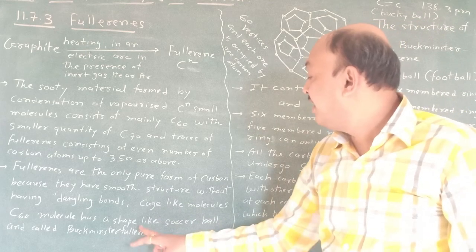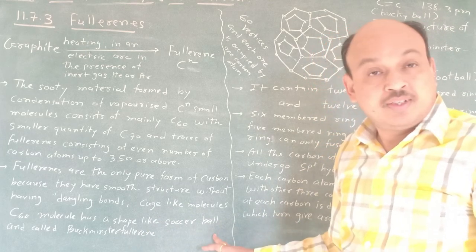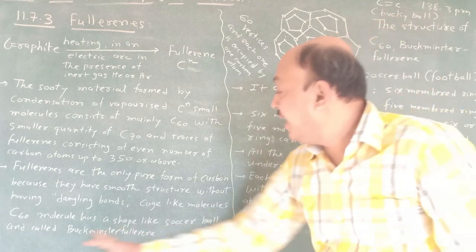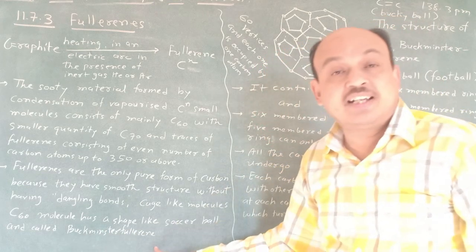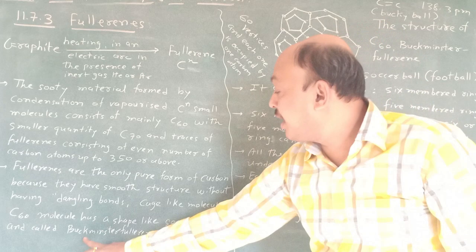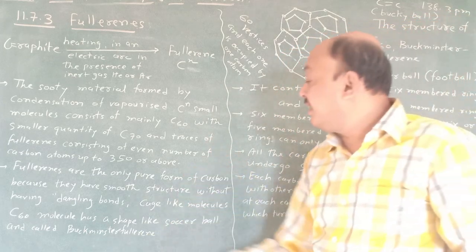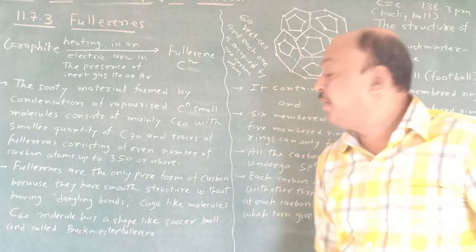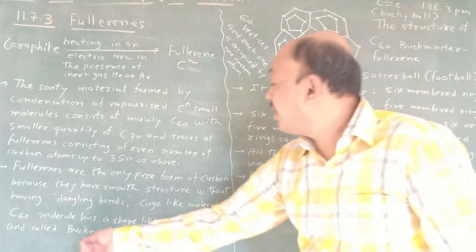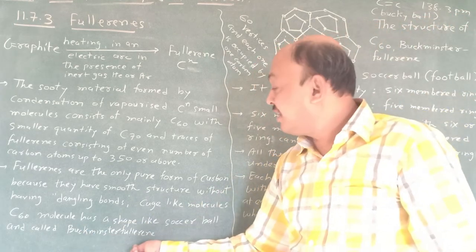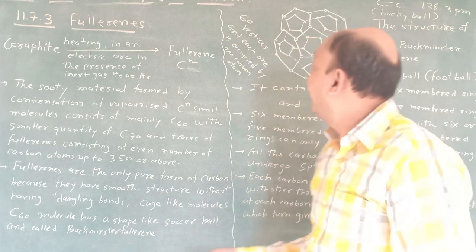The C60 molecule has a shape like a soccer ball, or football, and is called Buckminsterfullerene. I just gave information about the history of Buckminster. A dome is present, and the dome is named in tribute to that particular scientist, Buckminster. That's why we write Buckminsterfullerene.